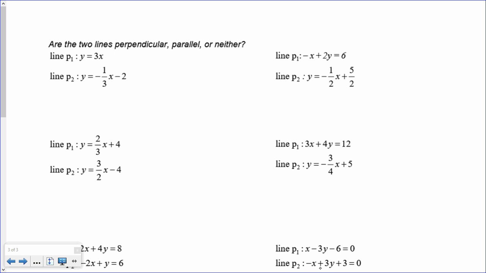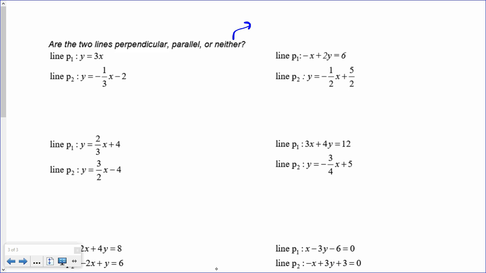All right, on this page we're going to switch gears a little bit. This time I'm giving you equations of two lines, and I want to know if they're perpendicular, parallel, or neither of those. If they're neither perpendicular nor parallel, do you know what they're called? If they're not parallel and not exactly perpendicular, what do you call those lines? How do you describe lines that just cross like this?